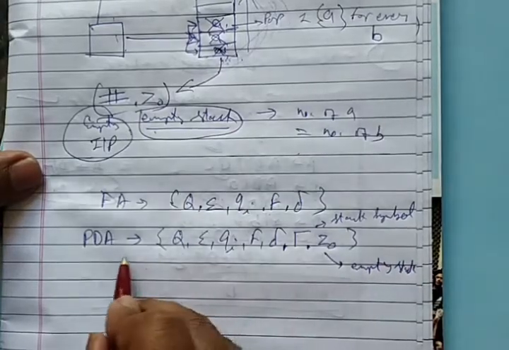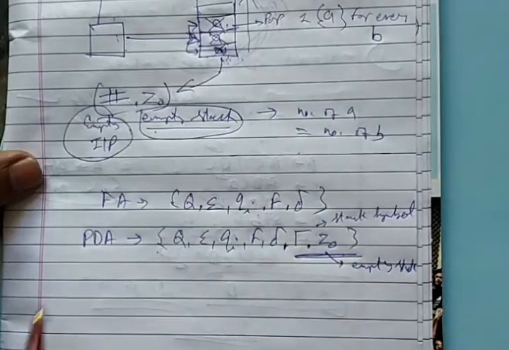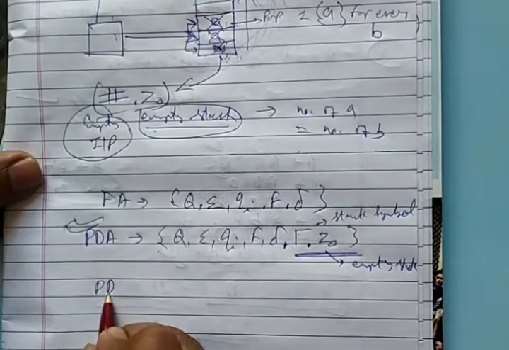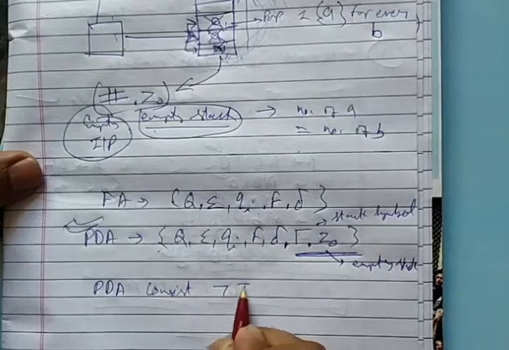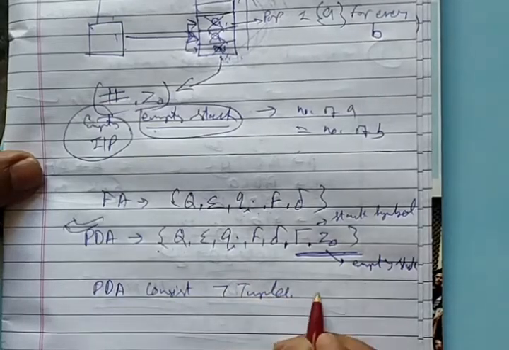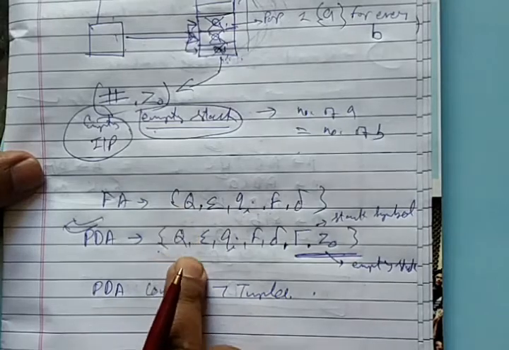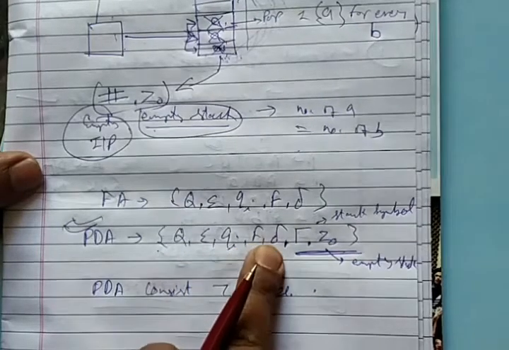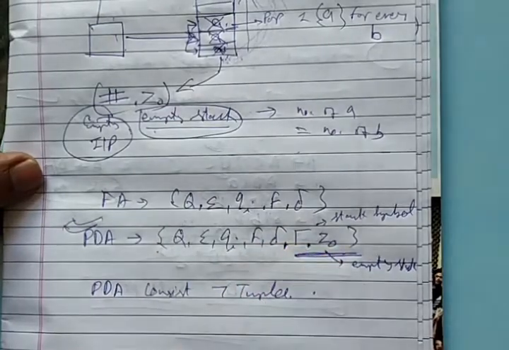So I have added 2 additional tuples in it, and this becomes the definition of my PDA, that PDA consists of 7 tuples. Now what are those tuples? Set of states, set of inputs, initial state, set of final states, transition function, stack symbol, and empty stack.